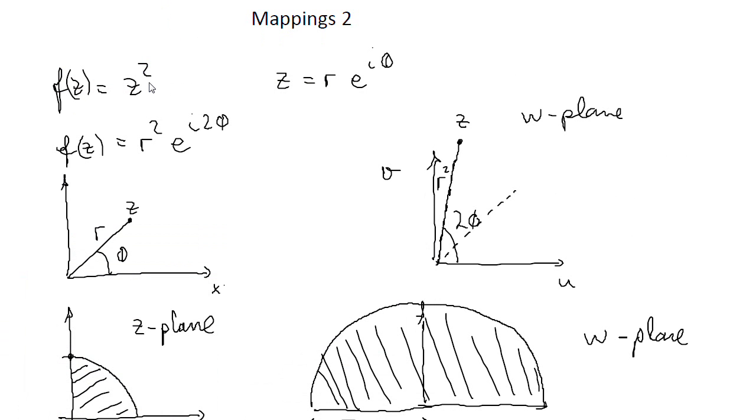So let's consider the same function now, but a different type of mapping. We are mapping a different region in the domain of definition. So let's just write this set in polar form, and since we are squaring z, we can take the square of this polar form and obtain this expression.